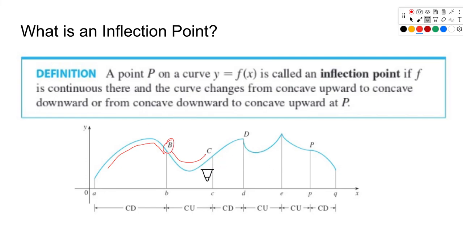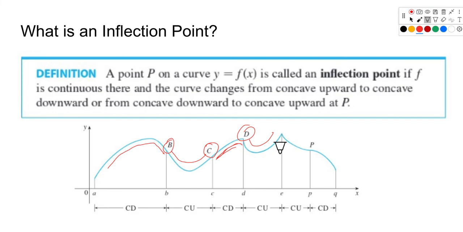And again, this is concave up. This is kind of a funky function, but this part here would be concave down, so this point would also be another type. Since this is concave down to concave up, D is an inflection point that looks kind of like that. So there are multiple ways it could look. Now E is a sharp point.